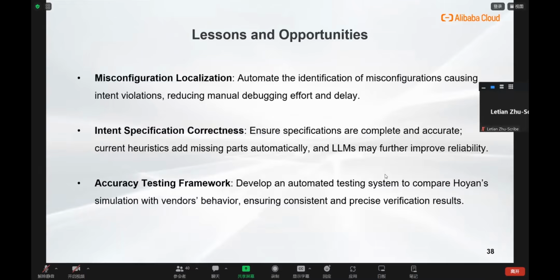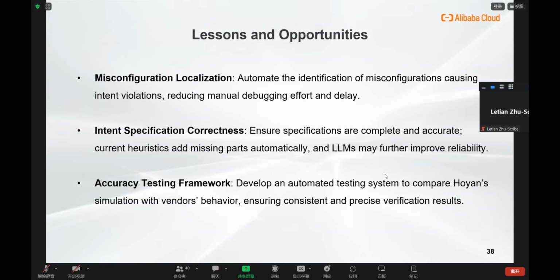Finally, I'd like to briefly share the future directions of Hoyan. The first is misconfiguration localization. Identifying the root cause of an intent violation still needs manual effort, and automating this will greatly speed up troubleshooting. The second is intent specification correctness. Even with our intent language and high-level intent language RCL, operators may miss key conditions.